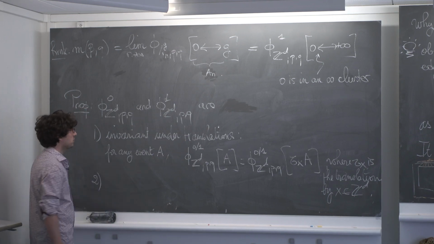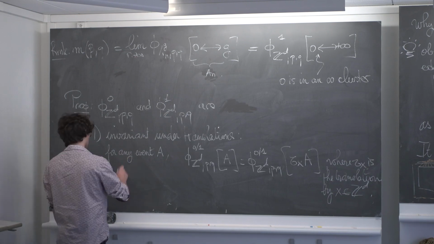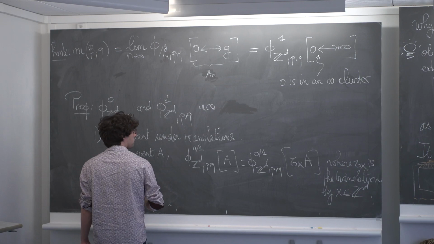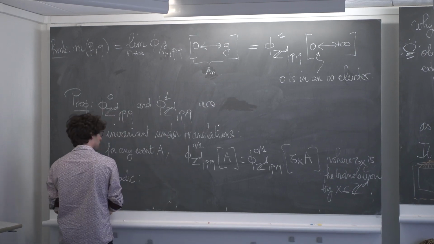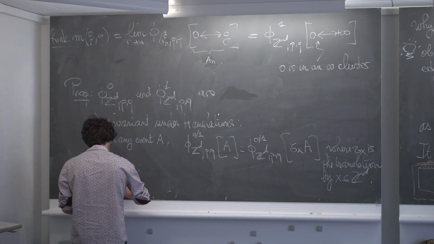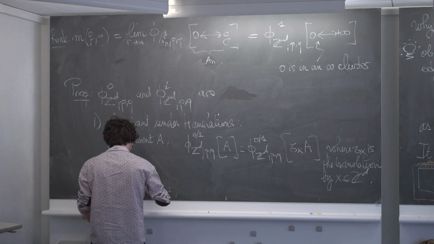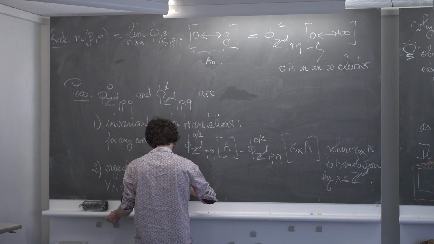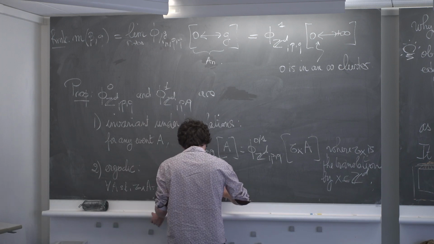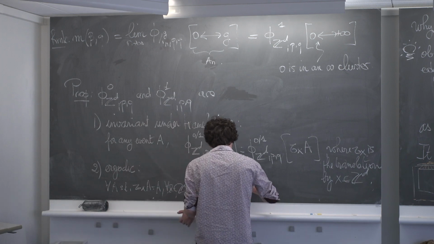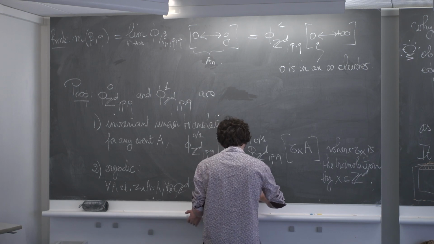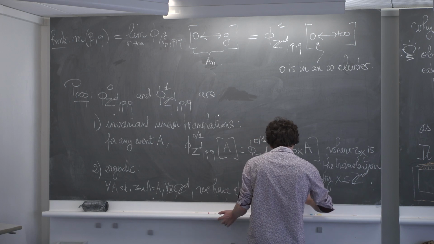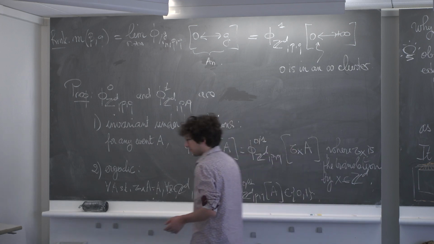And the second property I want to prove is that these measures are ergodic. And ergodic means that for any A such that tau_x A equals A for every x, we have phi^{0 or 1}_{Z^d,p,q} of A is either 0 or 1.